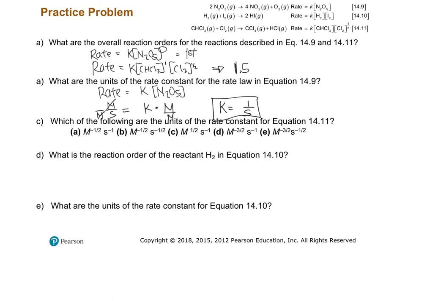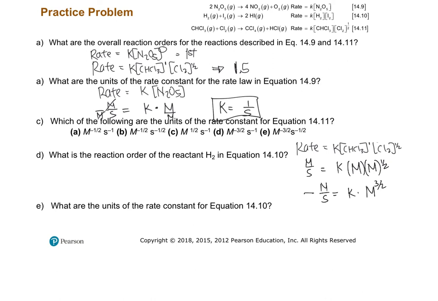Now for 14.11, I have rate equals K, and then this reactant to the first. So again, rate is molar per second. K, we're finding. Now this is molar times molar to the 1/2. So what I get here is molar per second equals K times molar to the 3/2.